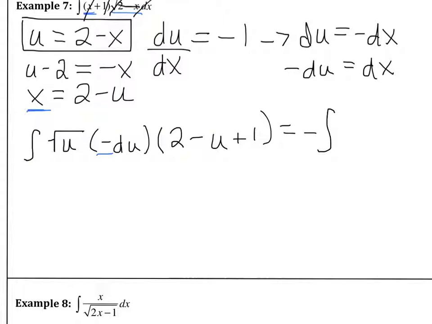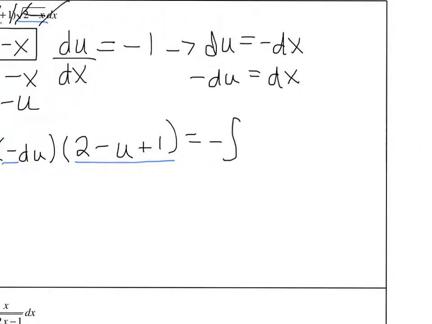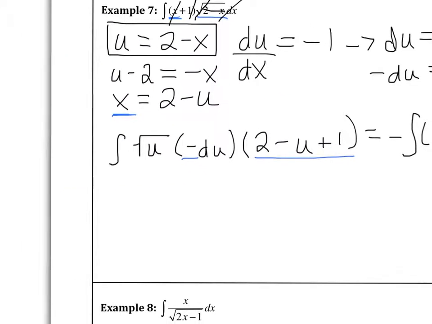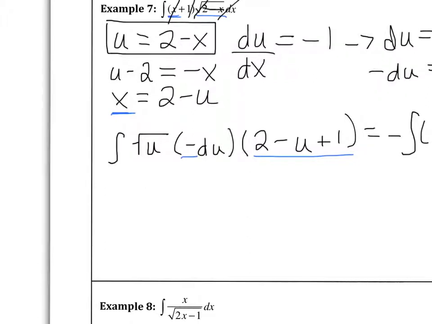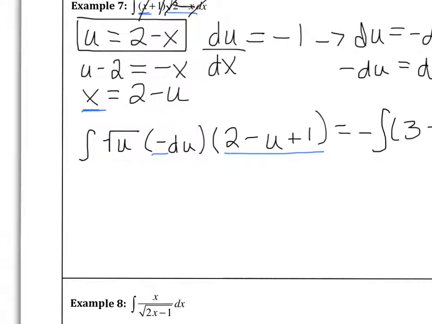Let's just call that 3 minus u. So we're just going to simplify this a little bit. And then all we need to write now is root u and du, and we'll be all squared away.